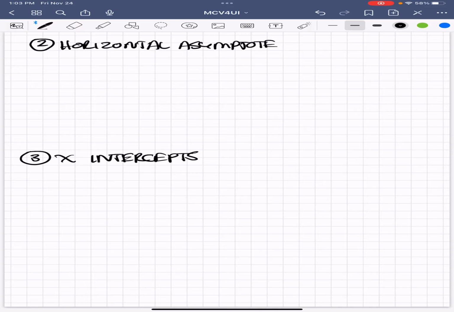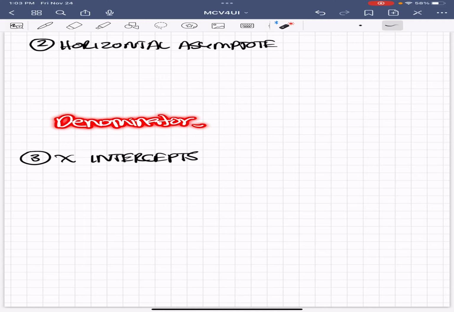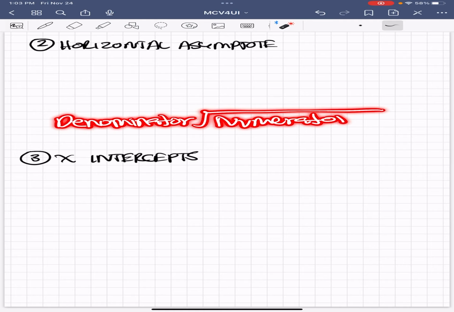And then our third case would be the degree of the numerator, f of x, is greater than the degree of the denominator, g of x. Then there's no horizontal asymptote but an oblique asymptote, and we would use long division to get that oblique asymptote. We would divide the numerator by the denominator and get an oblique asymptote.